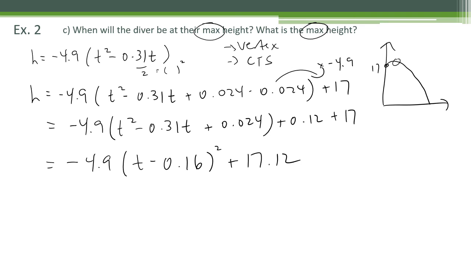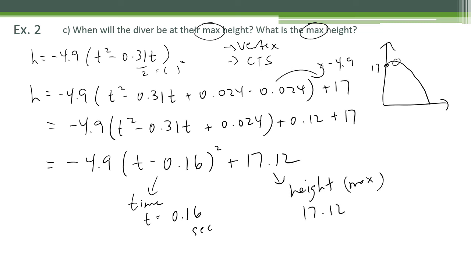So we're looking for that. This gives us the time, which is 0.16 seconds. And that gives you your height, which in this case was the max, 17.12, I think it was meters.